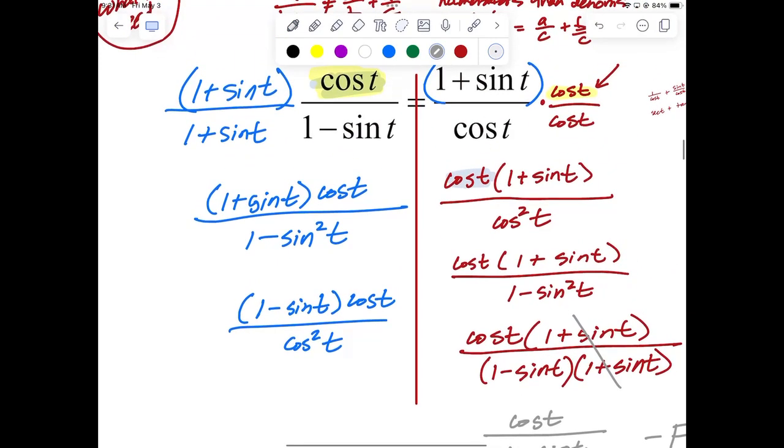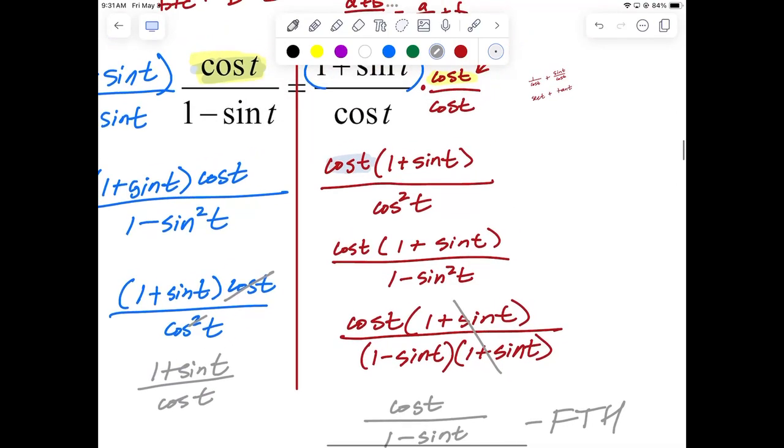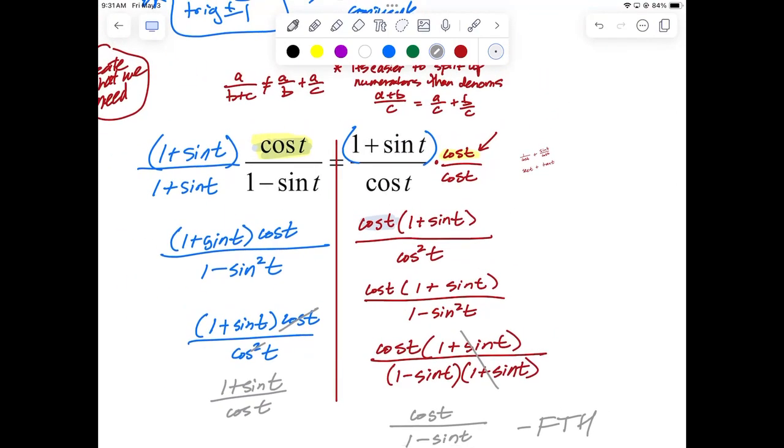Oh, yeah, it's positive. Thank you. One of the cosines divides out now, and we're left with 1 plus sine of t over cosine of t. And that gives us the right-hand side. So create what you need. That's the strategy here. And/or look for opportunities to multiply by the conjugate over the conjugate.